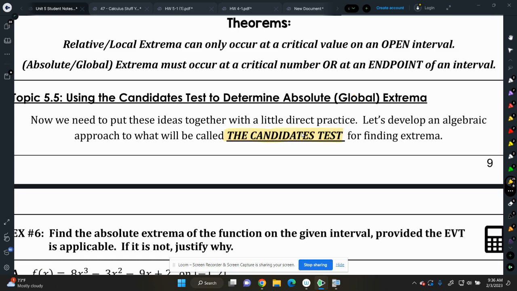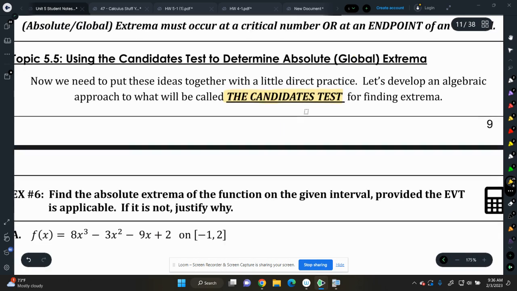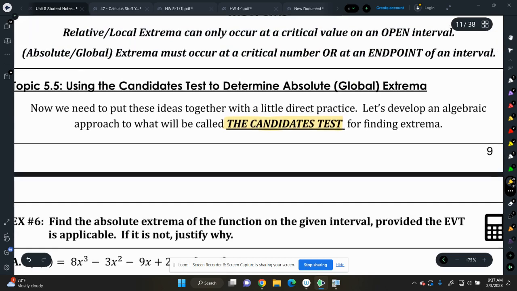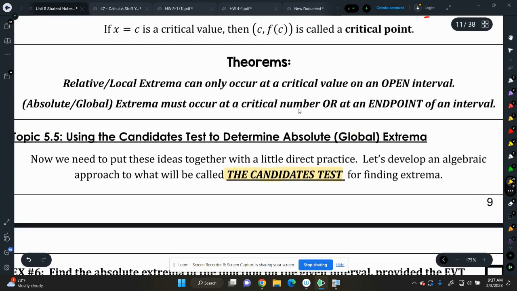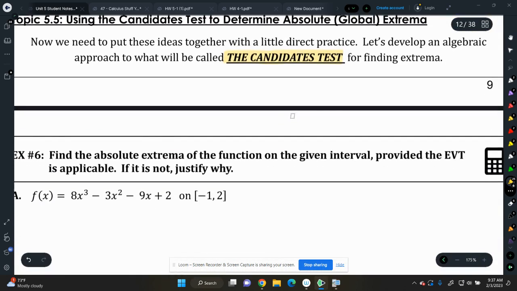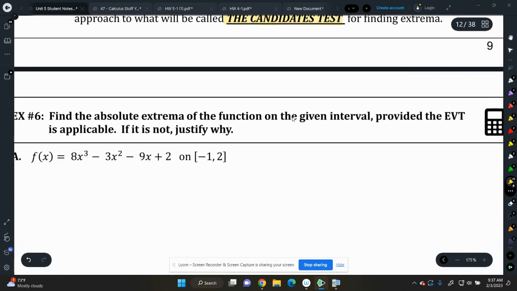We can do it using what we call the candidates test, okay? Now, for the candidates test, we have to figure out the critical points. Those are our candidates. In addition to the critical points, our candidates are also going to include the endpoints. So we find our critical points and our endpoints. Those are going to be our candidates.